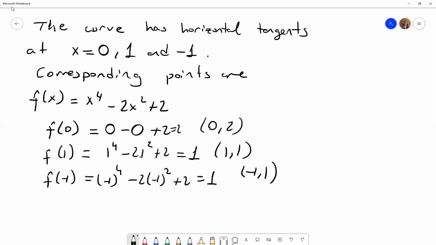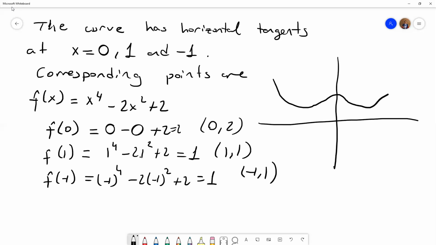That is, we can draw it like that, maybe something like that. And here is minus 1 and 1.